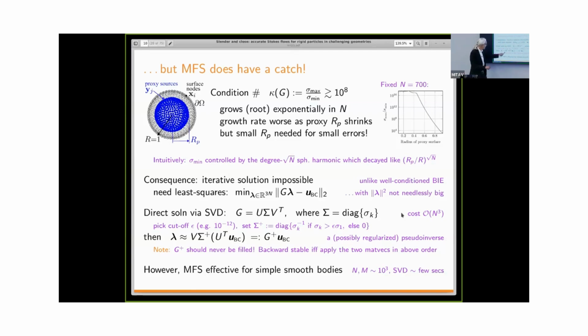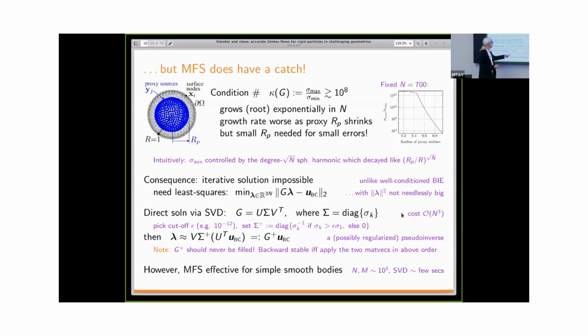And then you can reverse the order in the SVD and stack with this regularized inverse, and you've built a pseudo inverse. That's called G plus, right? But you should never fill G plus. This isn't something that I've seen well written about, so it'd be nice if numerical linear algebra wrote a little more about this.